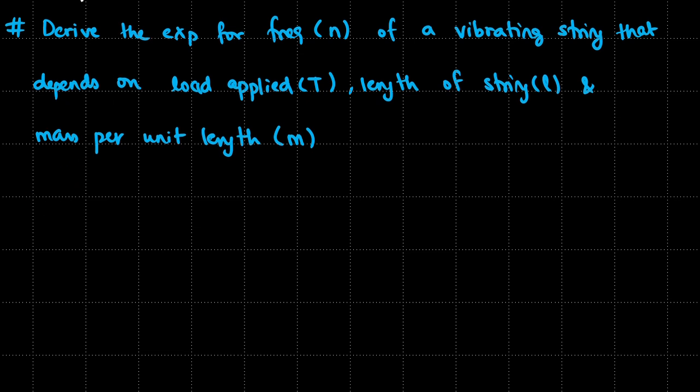So let's solve this. If you know all the terms, what they mean, it's pretty easy actually. Since frequency depends on these factors, you can say that the frequency depends on tension to some power, let's suppose it is A, and on the length of string to some power, let's suppose it is B, and the mass per unit length M to some power, let's say C. To remove the proportionality sign, we have to add a proportionality constant.